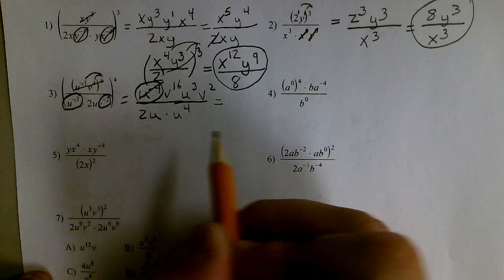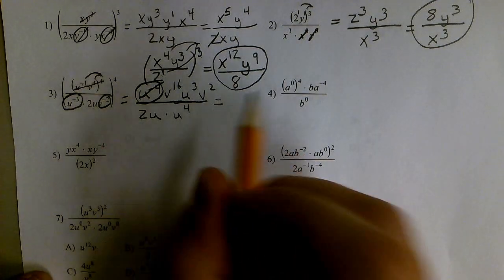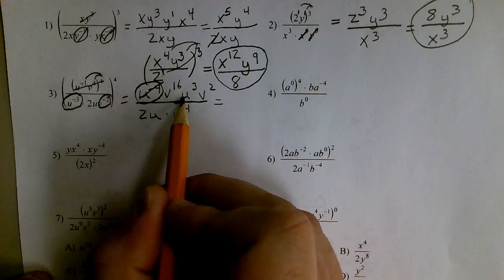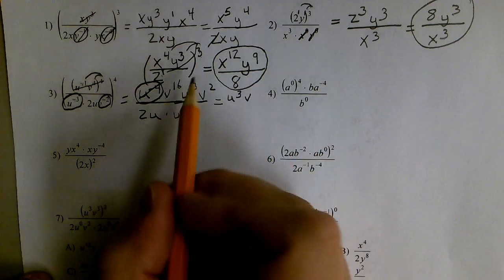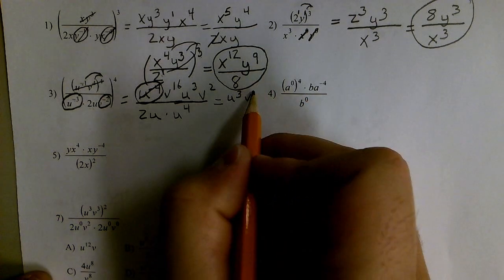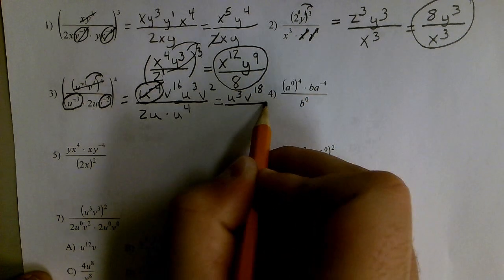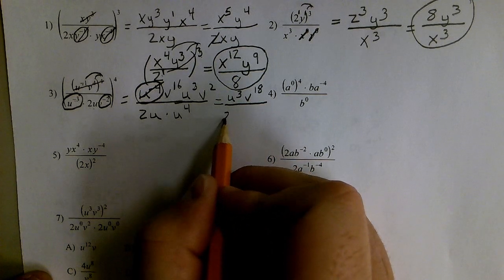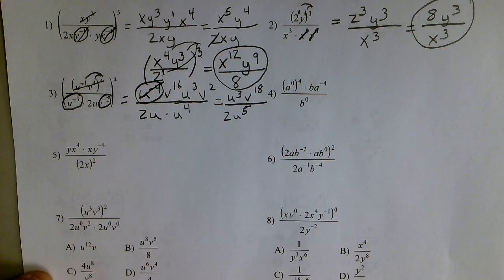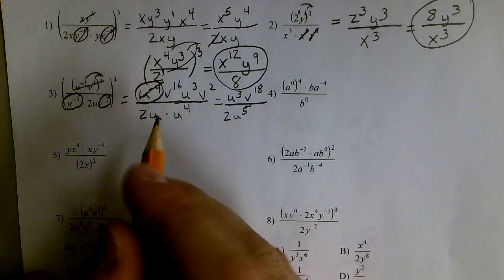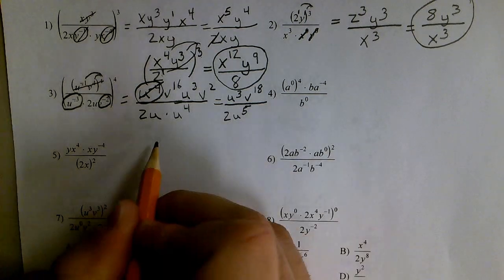Mine involves rewriting often. So on the top, I've got u to the third, and in alphabetical order, v to the 18th, over 2u to the 5th. So now, this is my final simplification here.